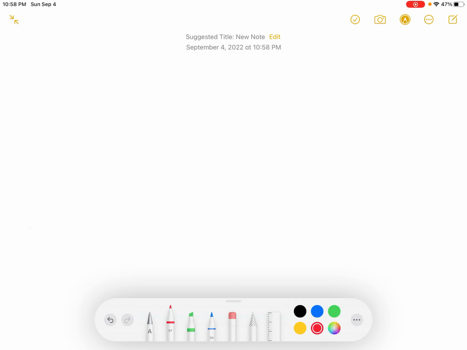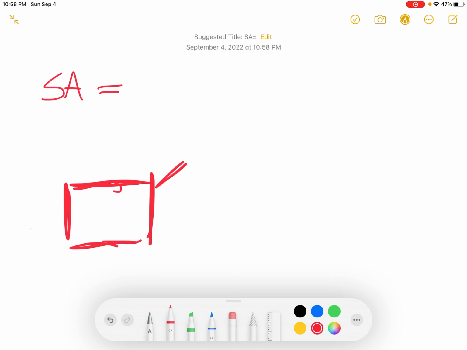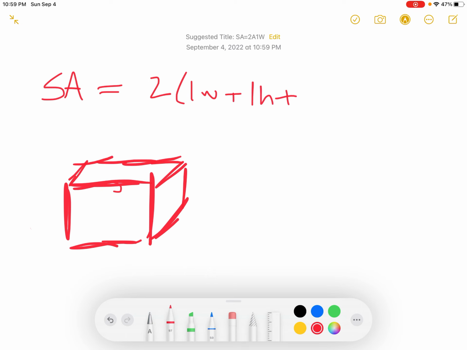Going to 3D figures. The surface area of a rectangular prism would be 2 times the length times width times, oh wait, oh sorry, LW, LH, WH.